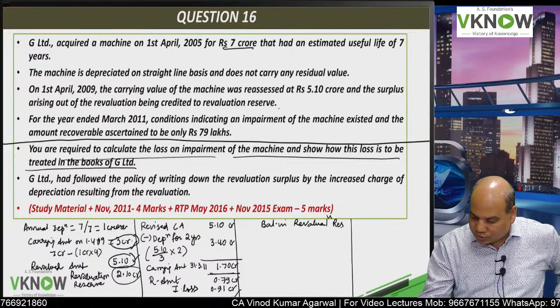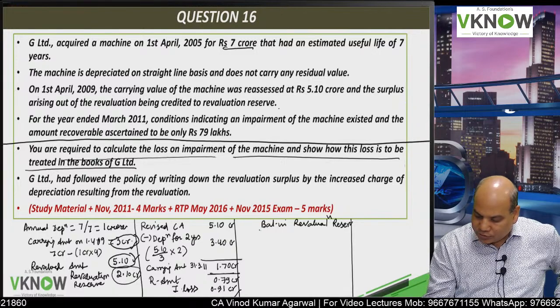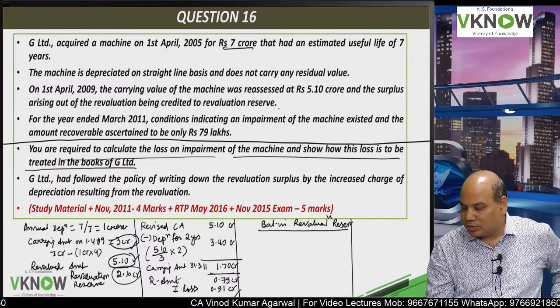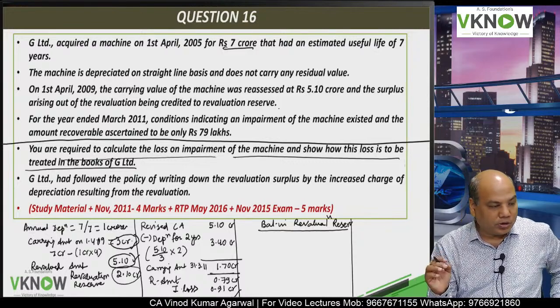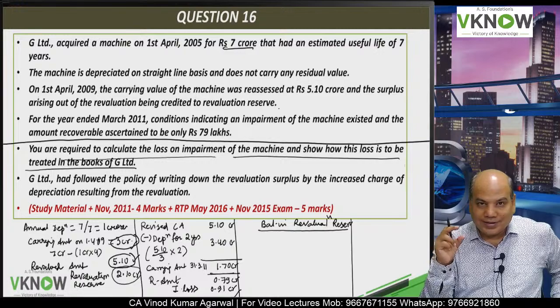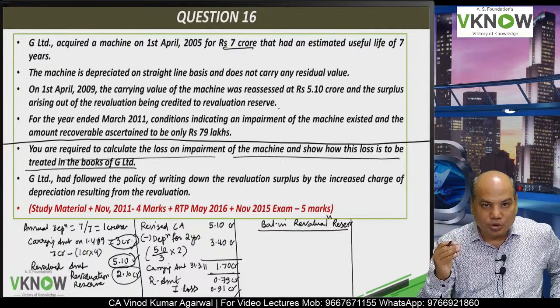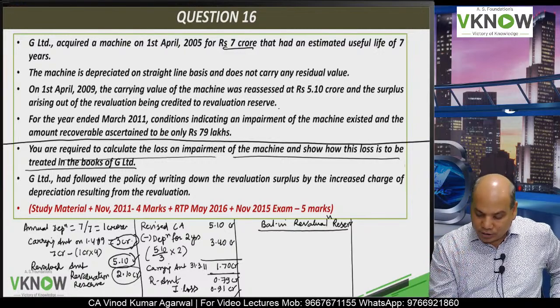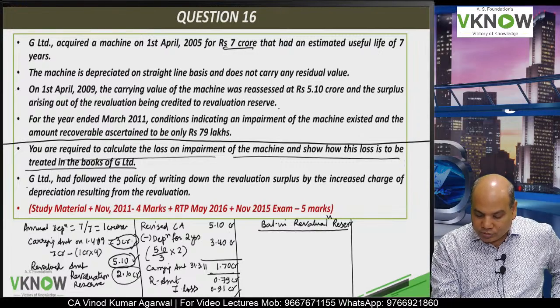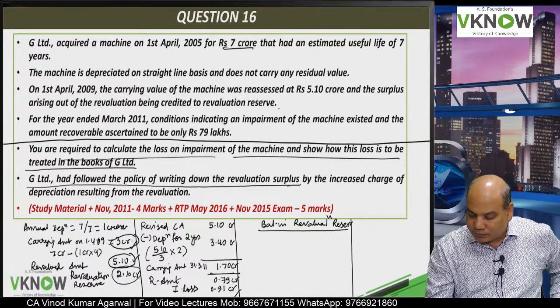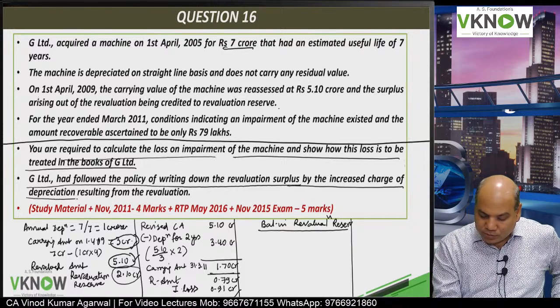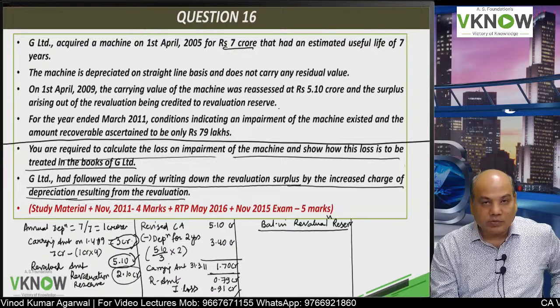Balance in revaluation reserve account. This they will not teach you in the normal material, but you have to know: if you are following a policy of revaluation, excess depreciation can be reduced from revaluation reserve, and that is what they have done. G Limited had followed the policy of writing down the revaluation surplus by the increased charge to depreciation resulting from revaluation.